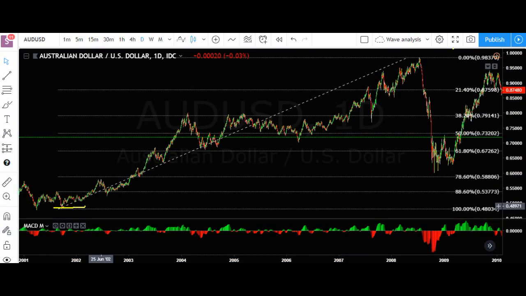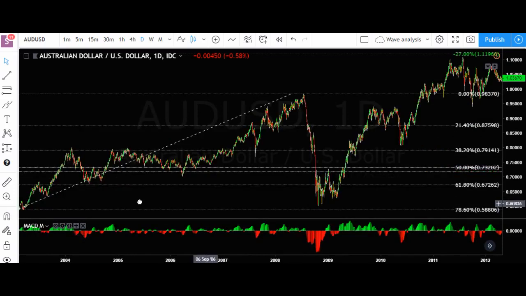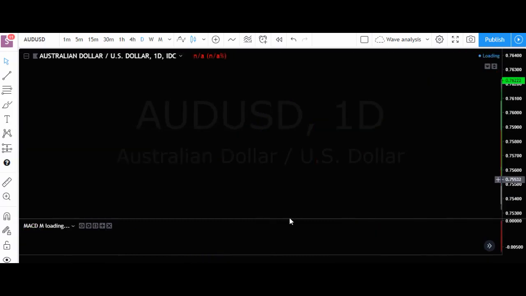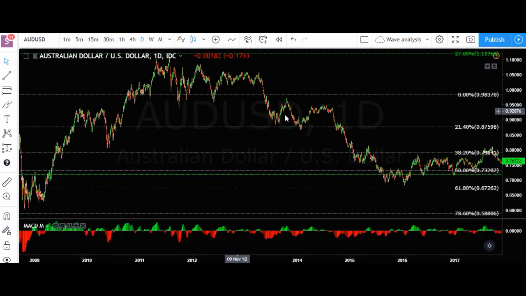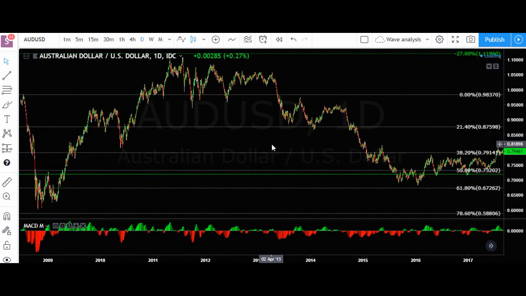We still are between these two, the low and the high, so everything inside here will be classified as a correction. And oh no, we actually broke the top. Sorry, I don't know why I did that. Now just let's get back to it. Broke the top, almost went to our 27% extension, but not quite.